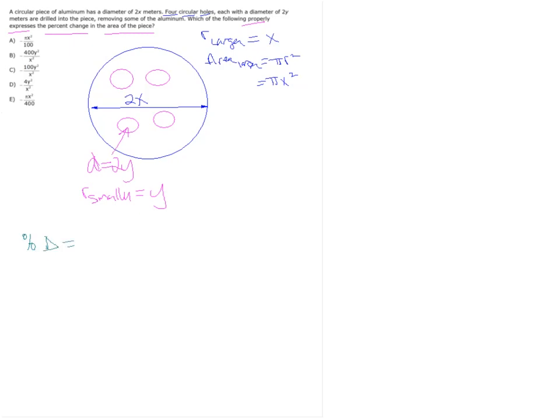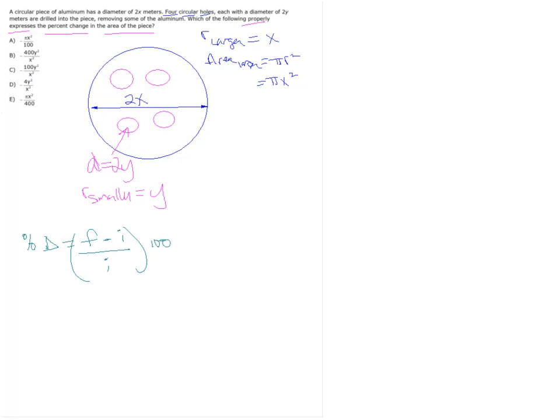Percent change is the final value minus the initial value, divided by the initial value, all multiplied by 100. So if we're looking for the percent change in the area of the piece, we need the final area after the pink holes are drilled out and the initial area, which is just the area of the large blue circle, prior to removing those little pink circles.